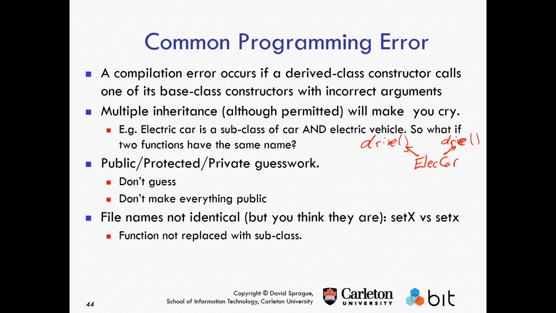I know I'm making this protected because my child class needs to know about this variable or this function. I'm going to make this private because only this particular class needs this function or variable. If you make it all public, you should lose points on your assignments. You will definitely lose points on any exam question that I'm grading on this. Making everything public just gives everyone keys to the car.